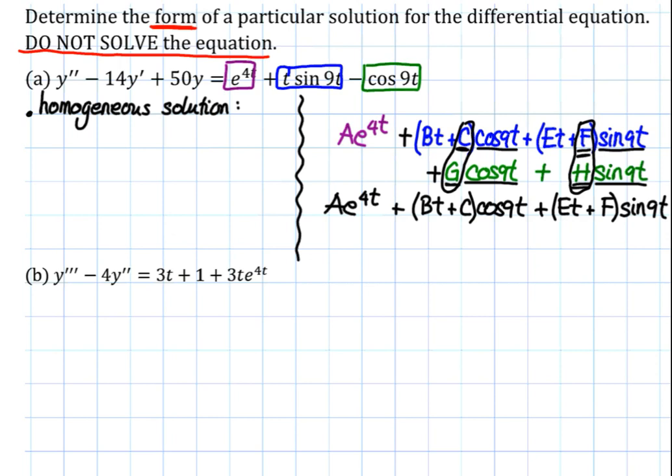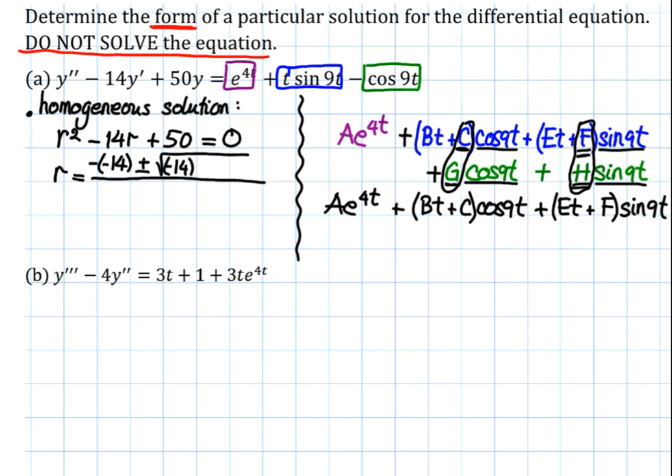The left-hand side, we just have this, which corresponds to the auxiliary equation of r squared minus 14r plus 50 equal to 0. And if we solve for r, this will be complex. r equals negative, negative 14 plus or minus the square root of negative 14 squared minus 4AC, over 2A.